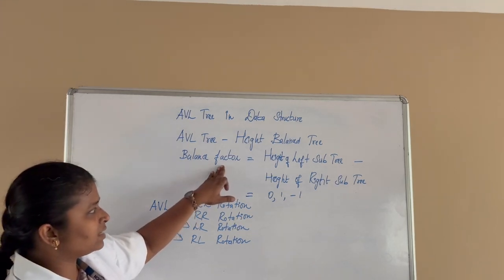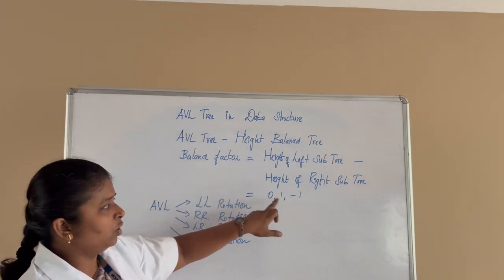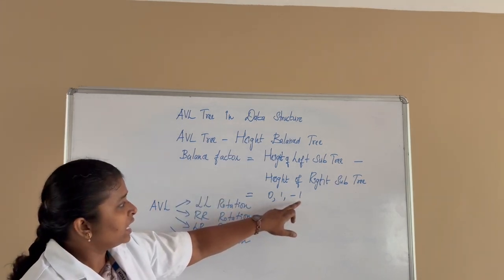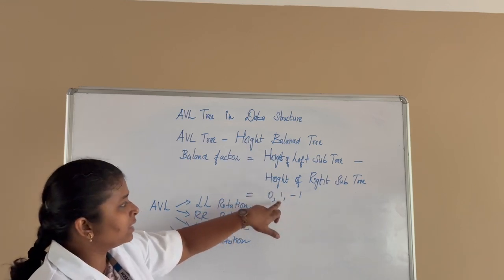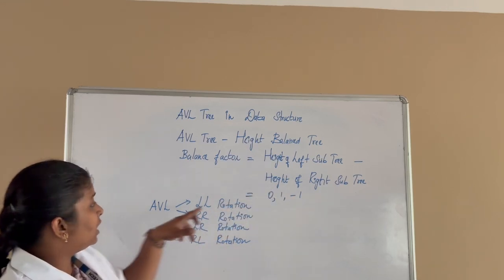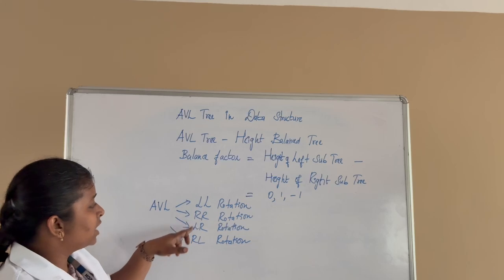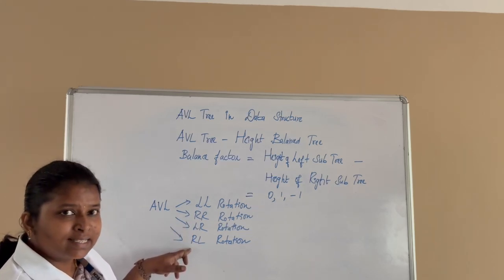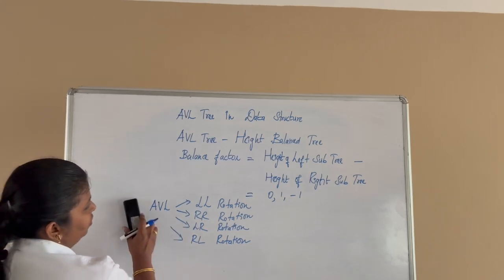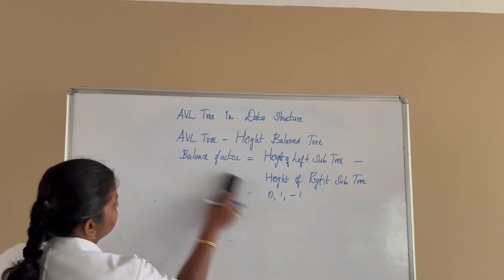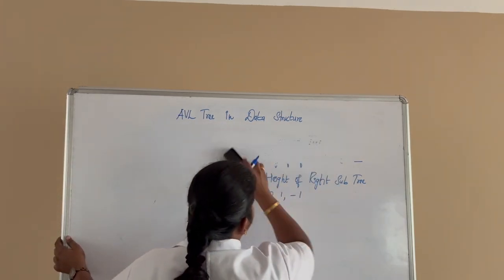So the balance factor should be within 0, 1 or minus 1. If it is not, then you have to perform the necessary rotations in order to make the tree balanced in the AVL tree. Now let us see how to perform the rotations in the AVL tree.